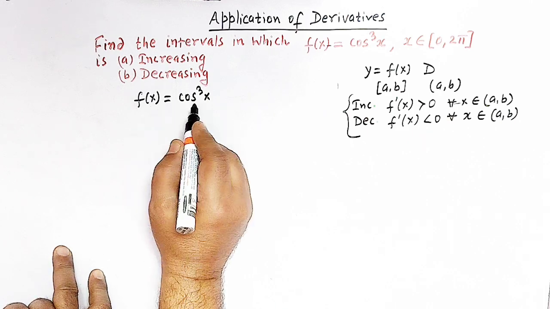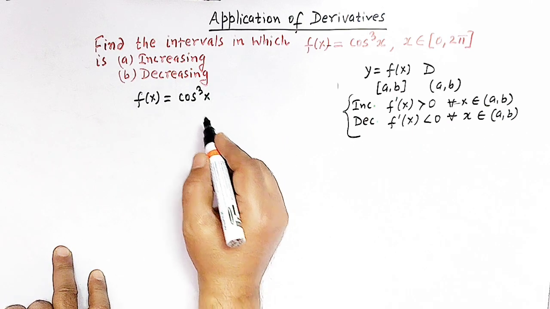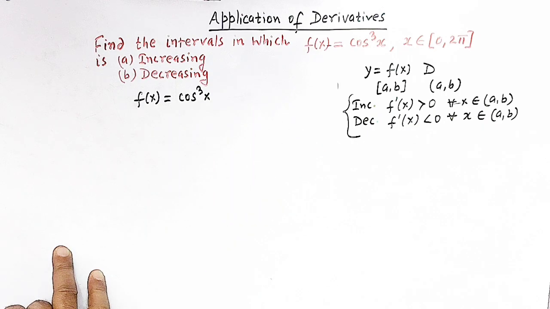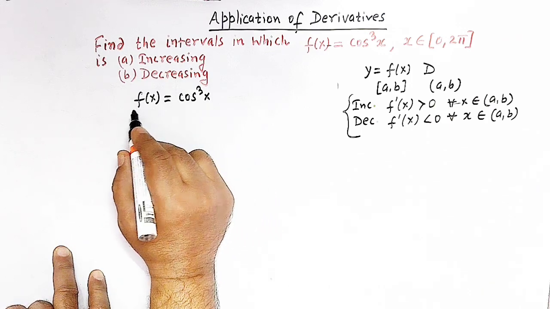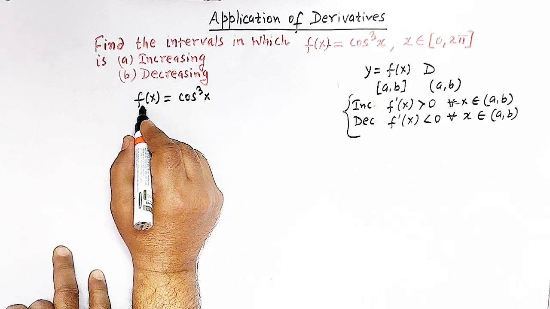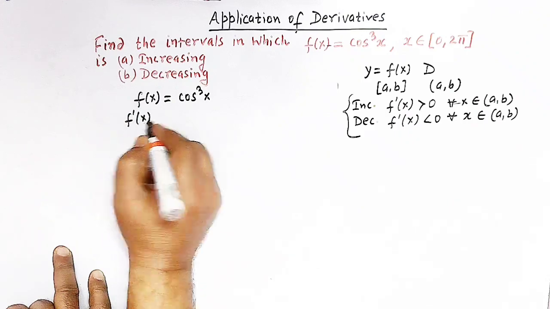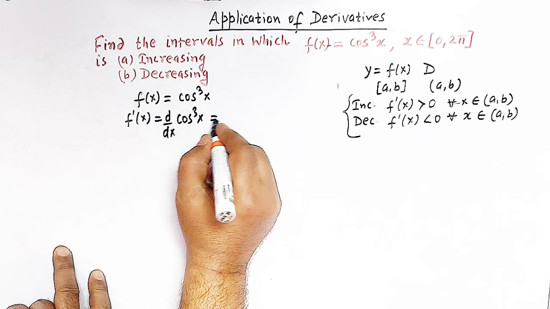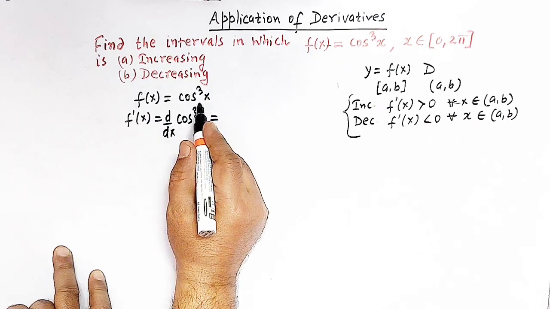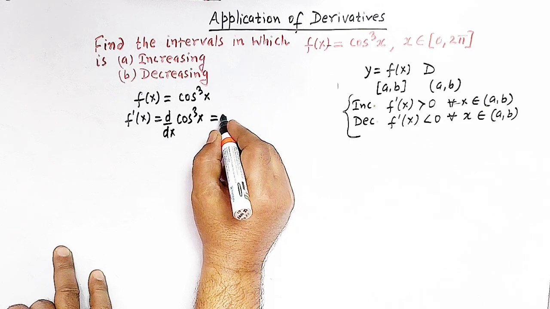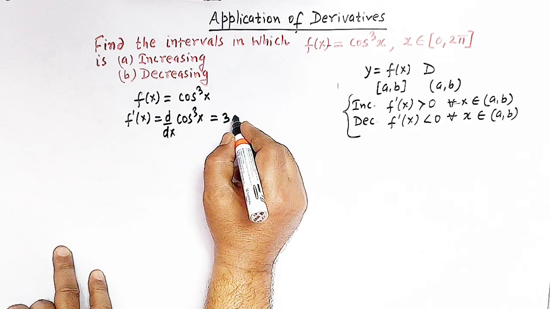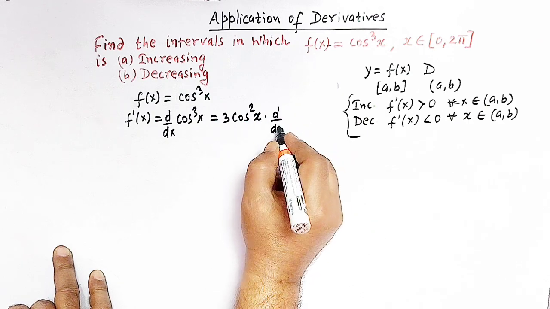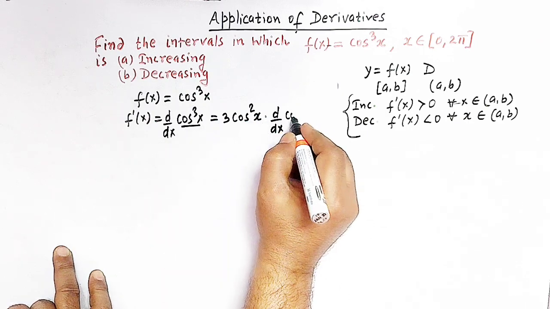So from this function cosine cube x, it is evident that the domain of this function is the set of all real numbers. So now let us find out the derivative of f of x. So f prime of x is given by d by dx of cos cube x. Now by using the power rule for differentiation, the derivative of cos cube x is 3 times cos square x, and then by chain rule we have to differentiate cosine x.